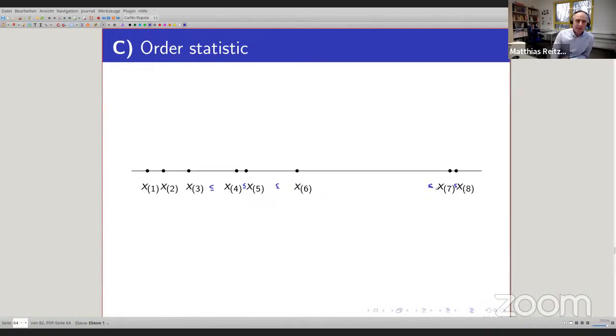And this is important because then you know this is the smallest point, this is the largest point, these are the extreme points. So the extreme points are x1 and x8 in my picture. And if you're in statistics and you want to estimate something like, say, the mean value, then in many cases, if there's an outlier which occurs due to some reason, then you would expect the outlier to be among the extreme points.